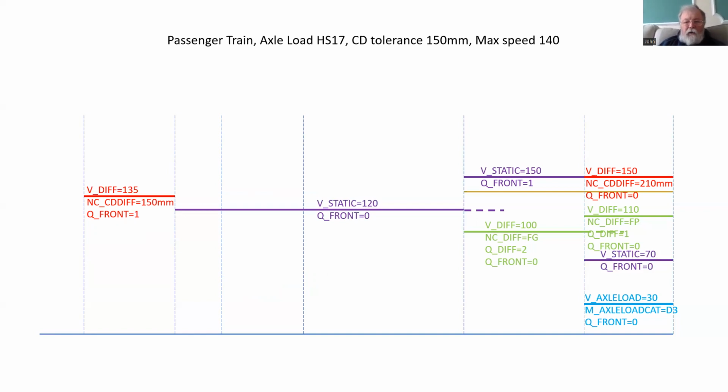In the next section, the train category doesn't apply because it's not a freight train, and the maximum speed that the train can travel is less than the V static for the majority of this segment, so that will cap the speed.